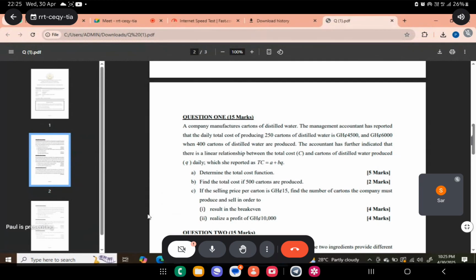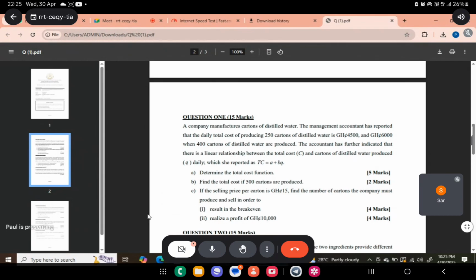The question says that a company manufactures cartons of distilled water. So the cartons are the quantities they manufacture. The management accountant has reported that the daily total cost for producing 250 cartons of distilled water is 4,500, and 6,000 when 400 cartons are produced.